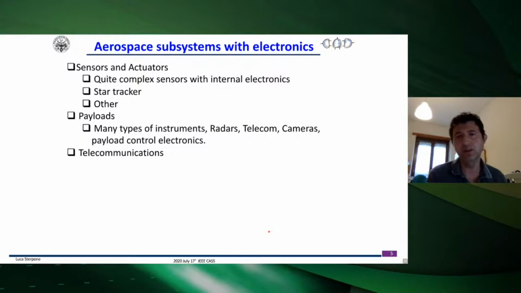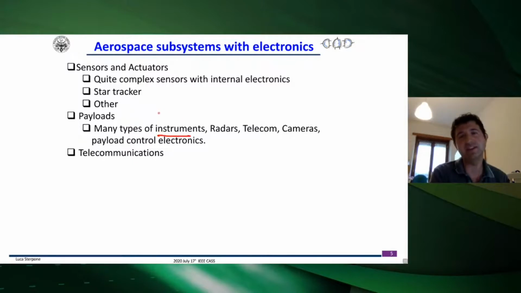And clearly, the subsystem includes this part of electronics that is generally based on CMOS technologies, for example. Then we have a part of the electronics for the satellite used for all the sensors and actuators. For example, I'm talking about star trackers or complex sensors for monitoring deep space. All of them are characterized by different types of electronics and peripherals. On the other side, the payload has a lot of instrumentation.